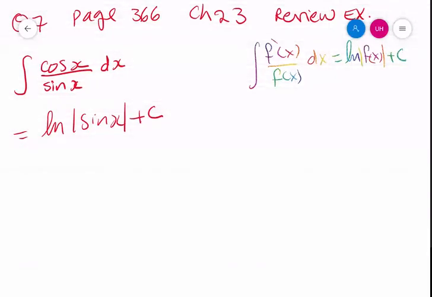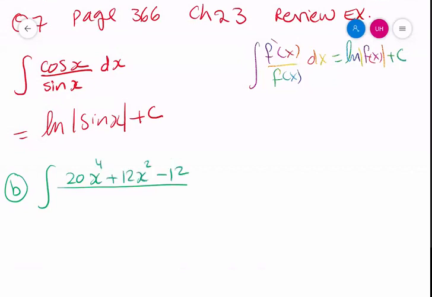Okay, question 7b. It's the integration of 20x to the power 4 plus 12x squared minus 12 over x to the power 5 plus x cubed minus 3x dx.